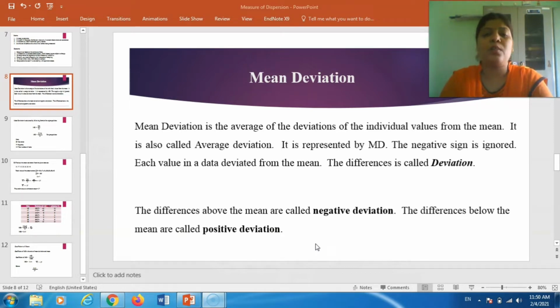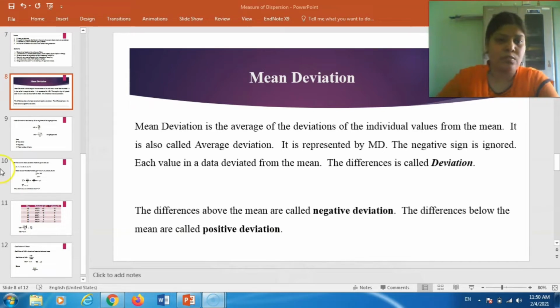The differences above the mean are called negative deviation. The differences below the mean are called positive deviation. So from this you can understand the deviation moves around the value of the mean. So how one variable deviates from the mean, this we have to calculate in the mean deviation.